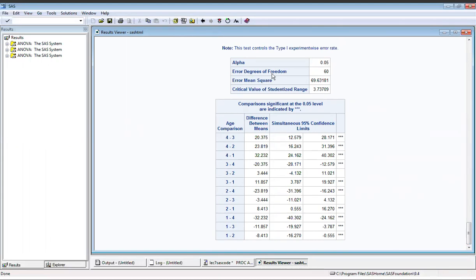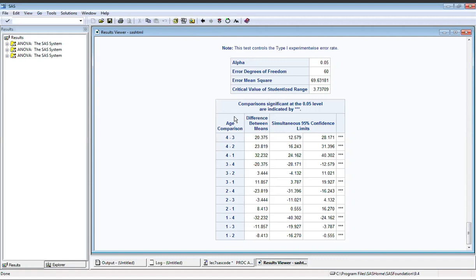It also has the error degrees of freedom equal to 60, which is 63 minus 3, with 3 degrees of freedom for age groups. They also give you the error mean square, which is the same as the mean square error, MSE, and also the critical value of the studentized range, which is the value you want to compare with.